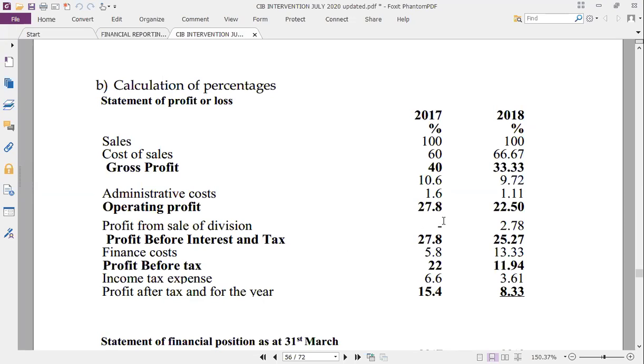Then I'll go to profit before interest and tax. Then move on to finance cost.